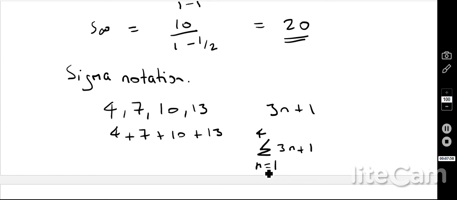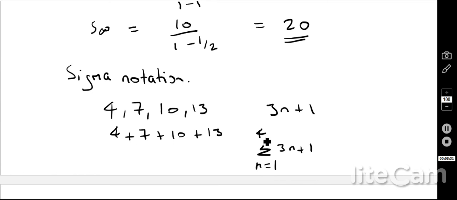So I put n equals 1 in here, and that gives me 4, my first term. I then add the next term: when n is 2, this gives me 7, the second thing I add. When n is 3, that gives me 10, the third thing I add. And when n equals 4, that gives me 13, and I stop because that's where it ends, at 4.